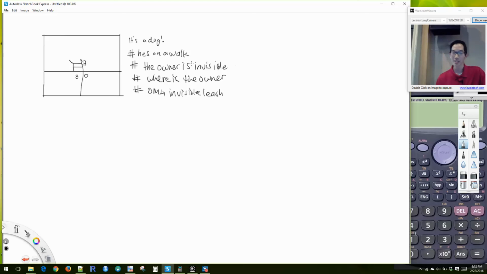We want to know where the invisible owner is, and we know that the owner has an invisible leash. We also know stuff about the behavior of the dog. The dog doesn't like to choke himself against the leash here. So most of the time, the dog stays close to the owner.